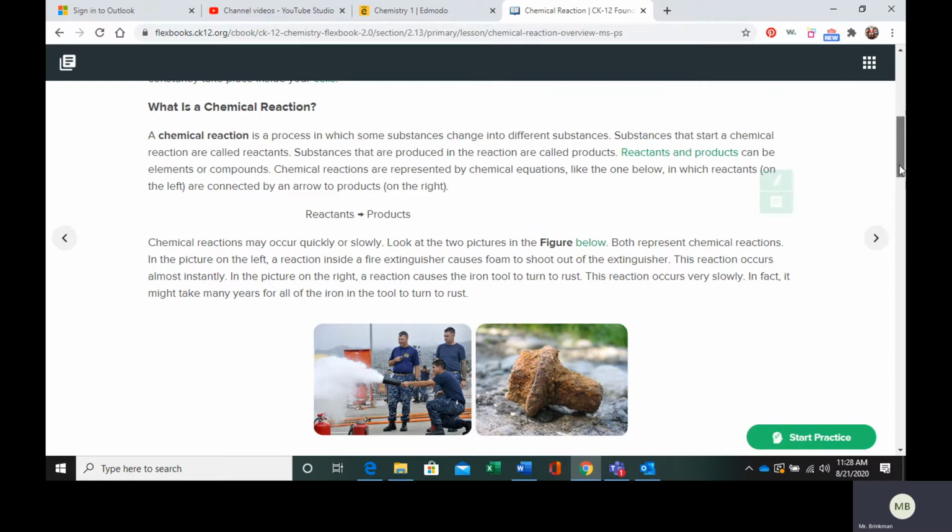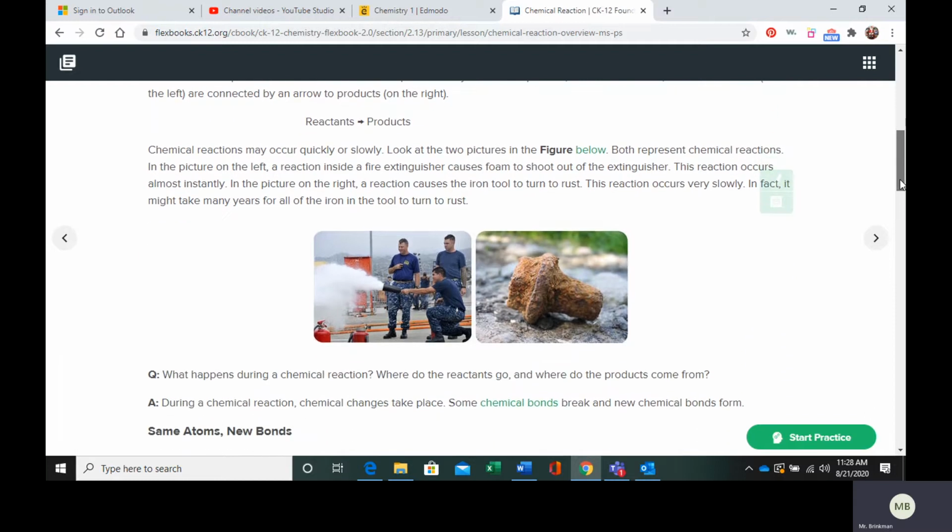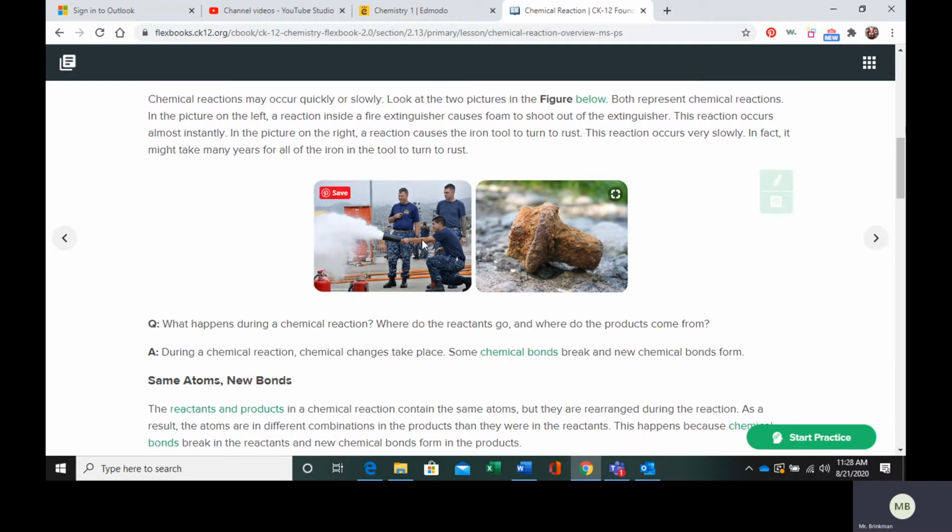Chemical reactions can happen at various rates. The one on the left with the fire extinguisher is a very quick chemical reaction. Explosions are also very quick chemical reactions. Rusting is a very slow chemical reaction that happens over a long period of time.